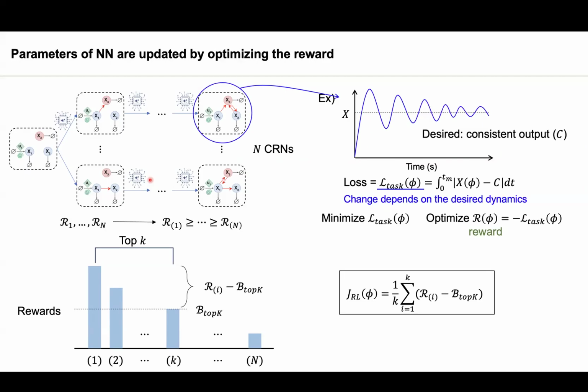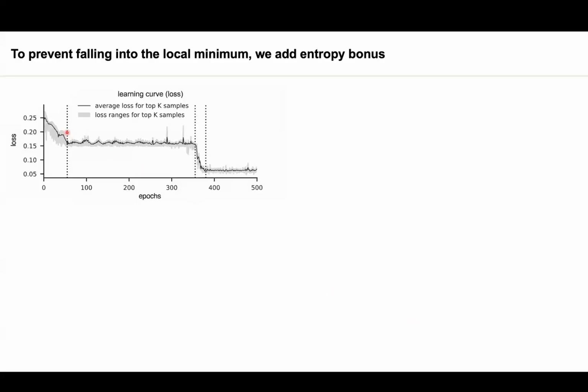The one problem of using just this prior is that, as you can see in this curve, you can think of this as the updating step of this MLP, and the y-axis is the loss. As you can see in this region, even though you keep updating the MLP, the loss does not decrease.